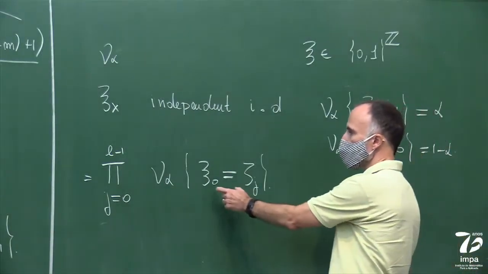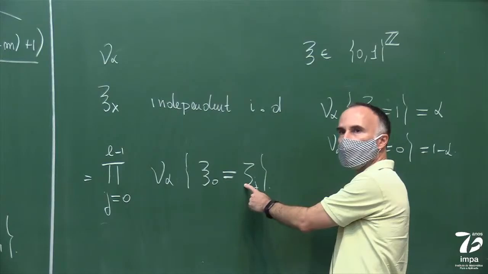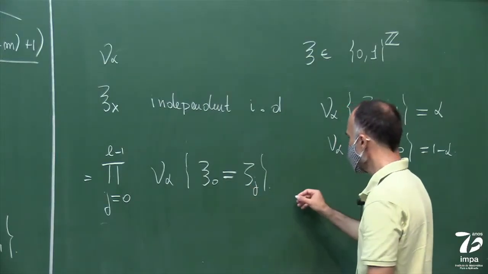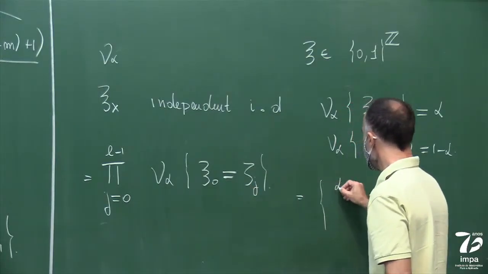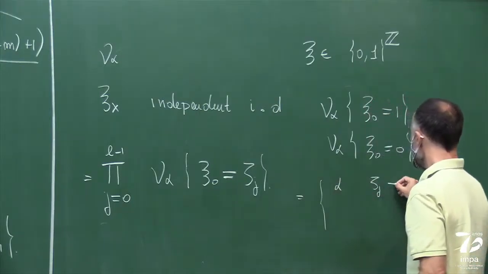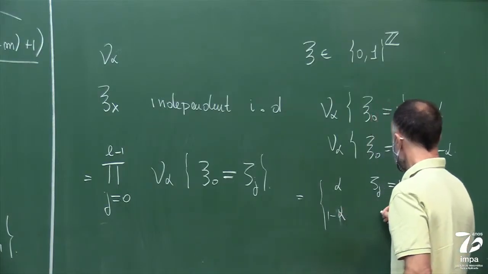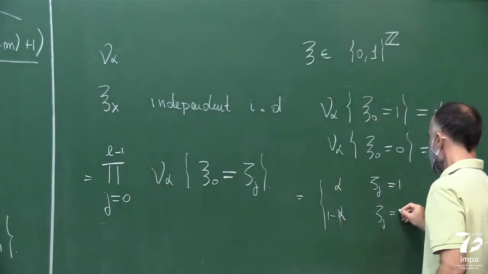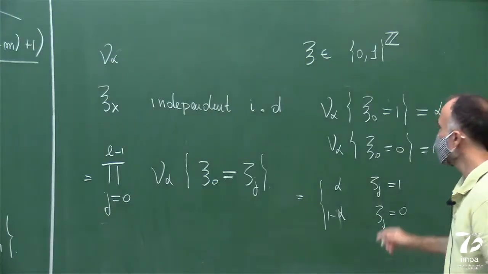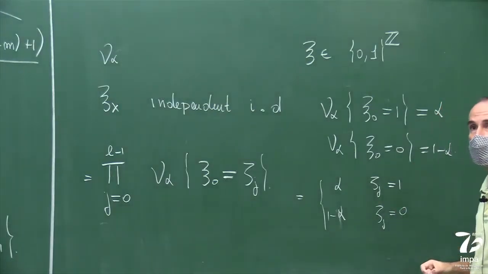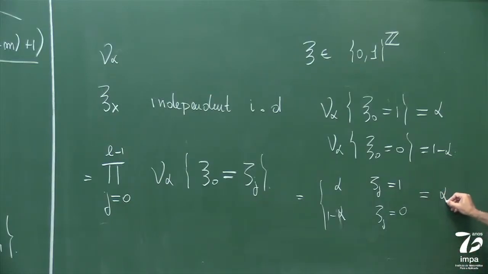Now, what is the probability that xi 0 takes the value zeta j? Well, this is equal to either alpha if zeta j is equal to 1, or 1 minus alpha if zeta j is equal to 0. Right? This is what I wrote here. I can write this expression as alpha to the power zeta j times 1 minus alpha to the power 1 minus zeta j.